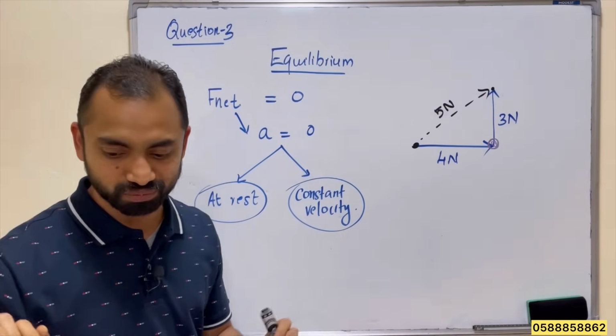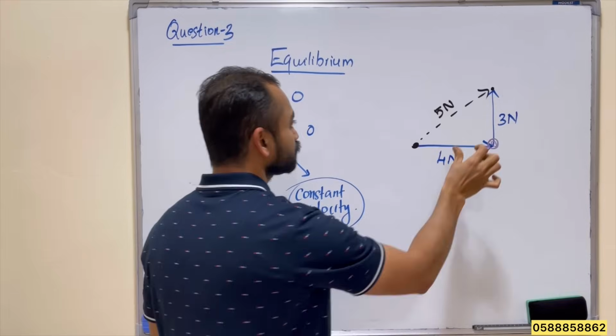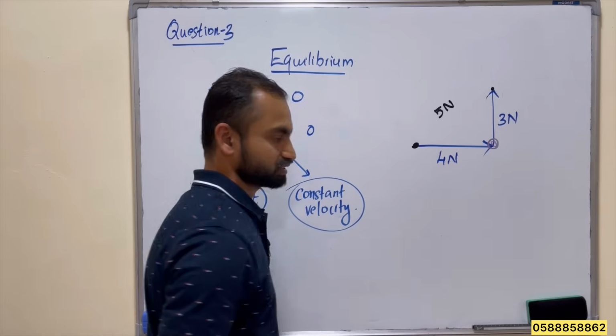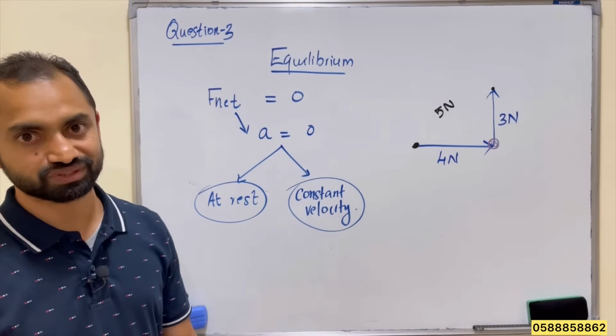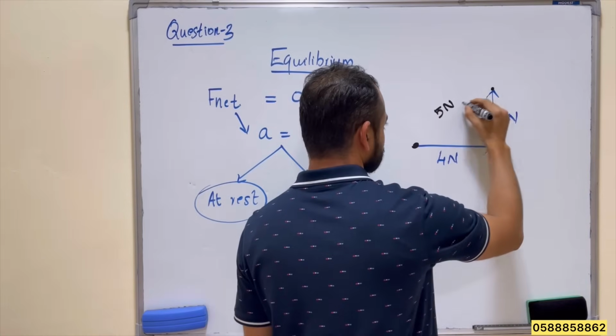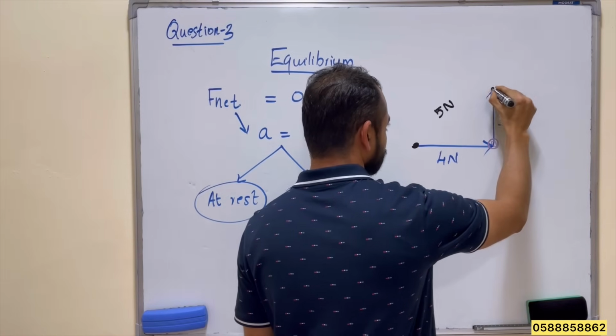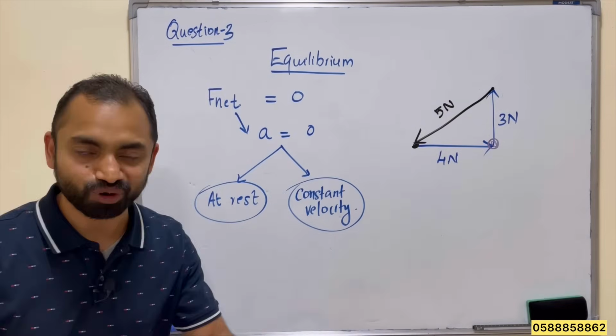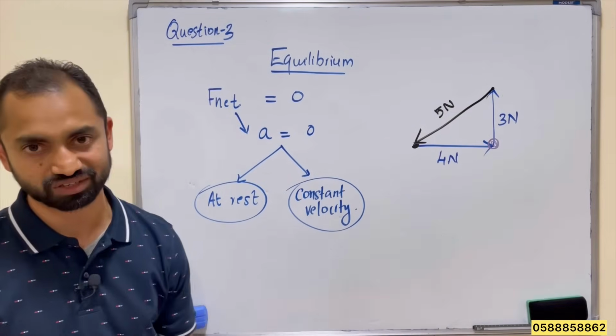Now for example, you are applying a third force on the object. That third force is equal to the resultant. Resultant was 5 Newton, right? Equal to the resultant but opposite in direction to the resultant.